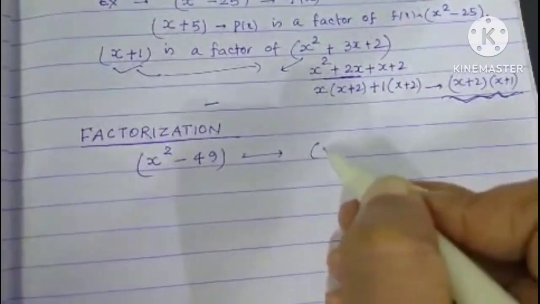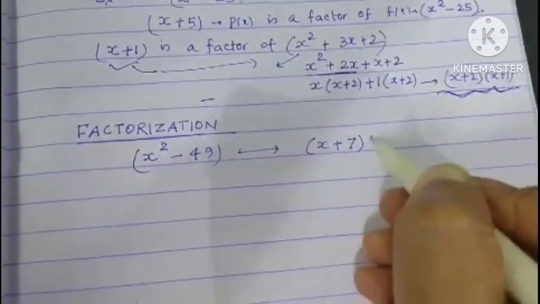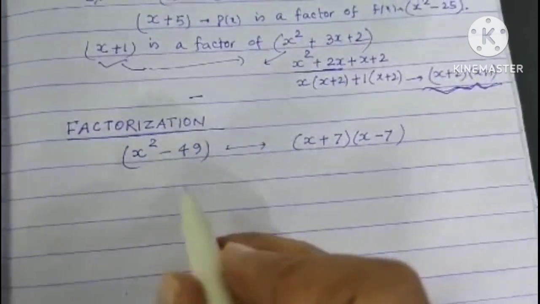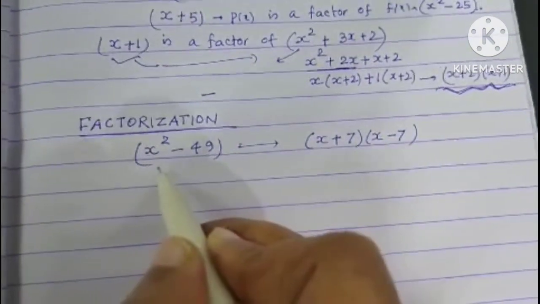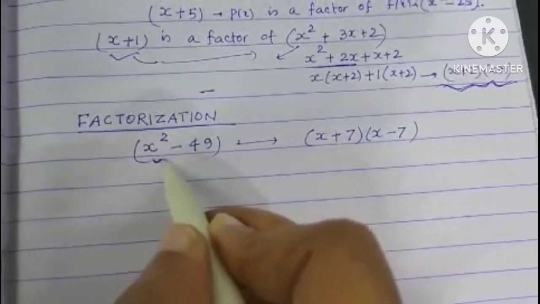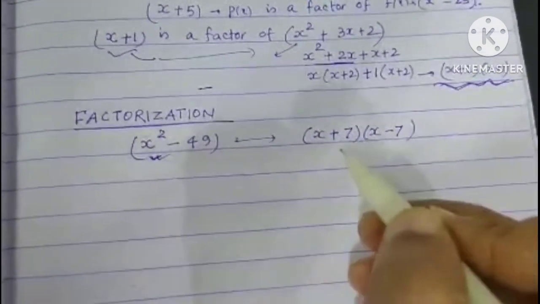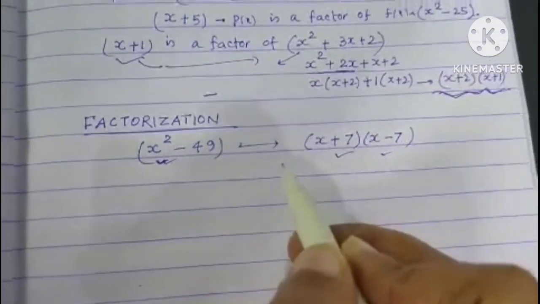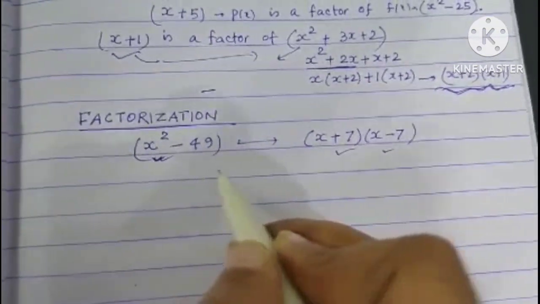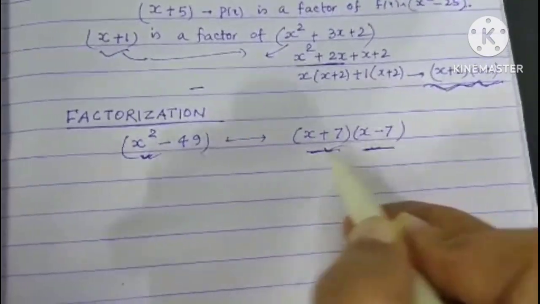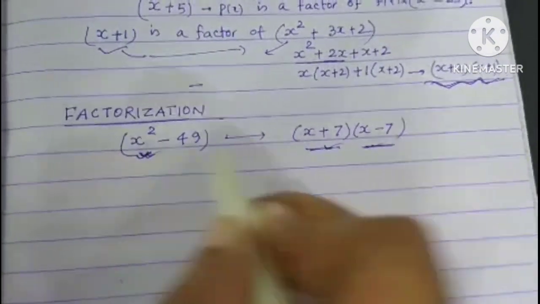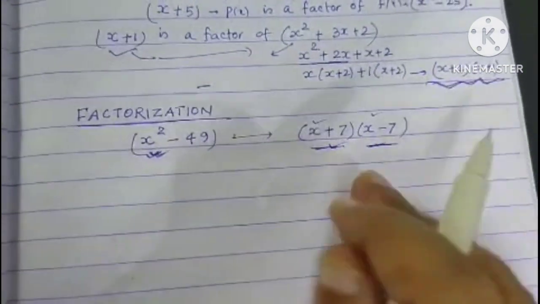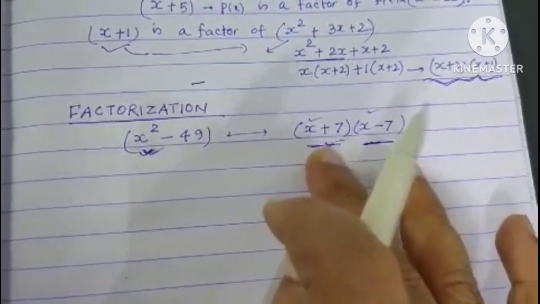We can write this as x plus 7 and x minus 7. So we want to express a polynomial of some degree, here degree 2, as a product of two or more polynomials of lesser degrees. Then that is called factorization, because here this is a lesser degree than this one. Here the degree is 2, here the degrees are 1 in each case. So we can express this as a product of these two factors or polynomials.